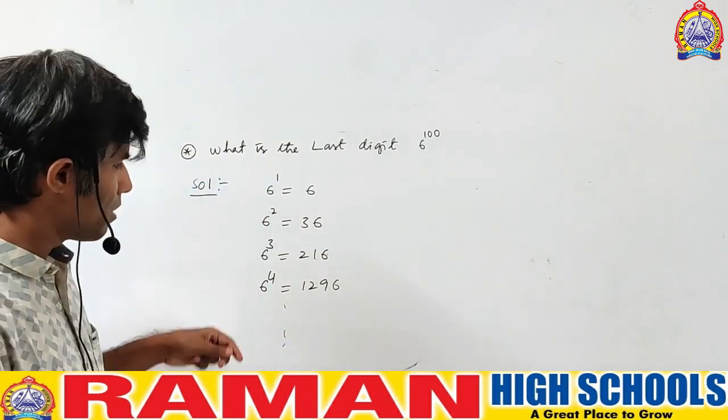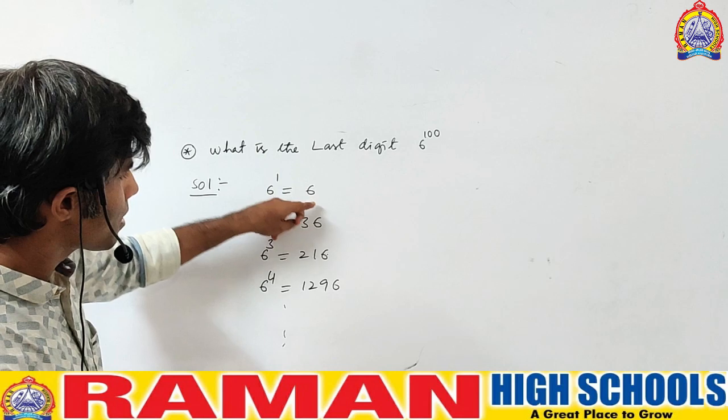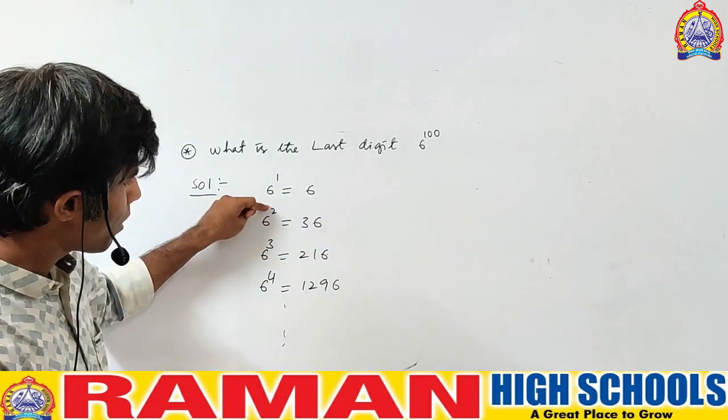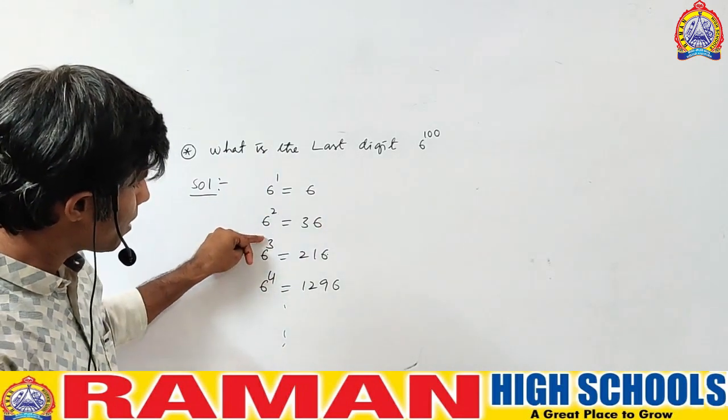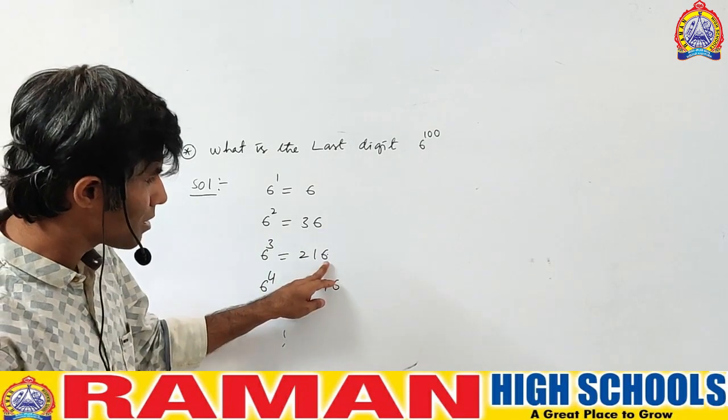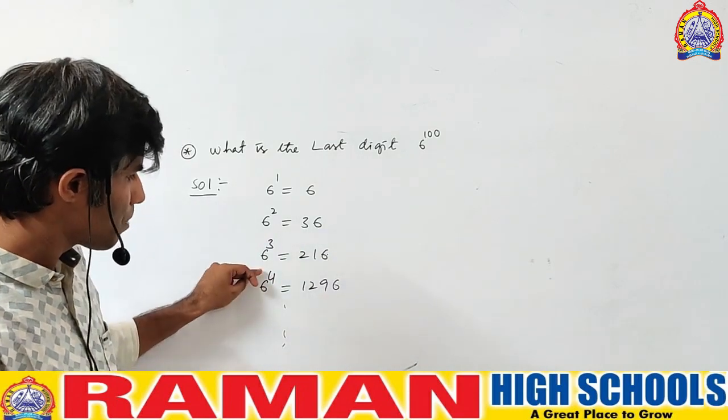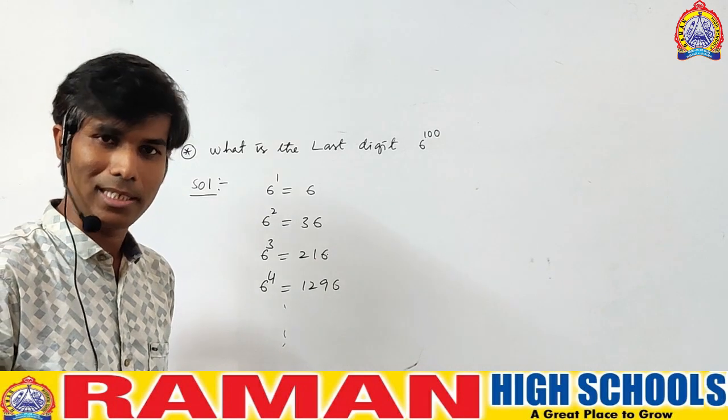In all these we can observe 6 power 1 is ending with 6, 6 power 2 is ending with 6, 6 power 3 is ending with 6, nothing but the last digit, units place, is 6. Here 6 power 4 is also ending with the digit 6.